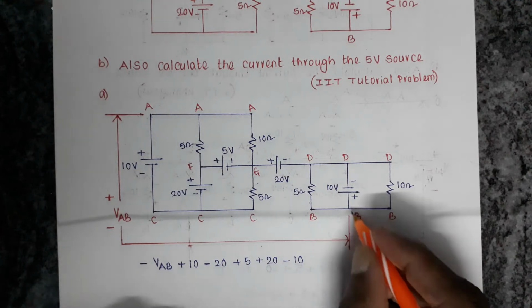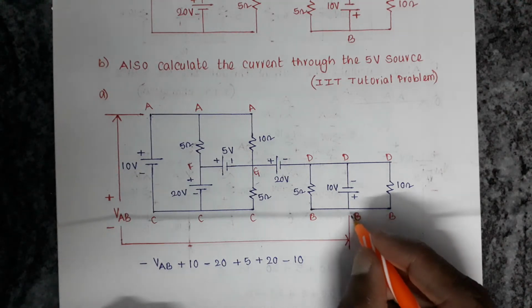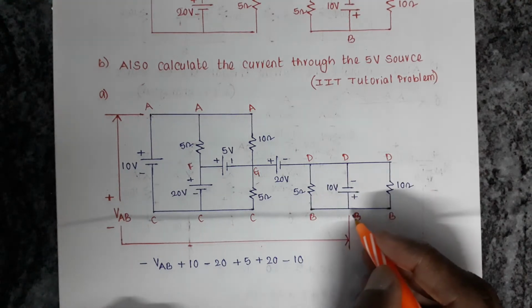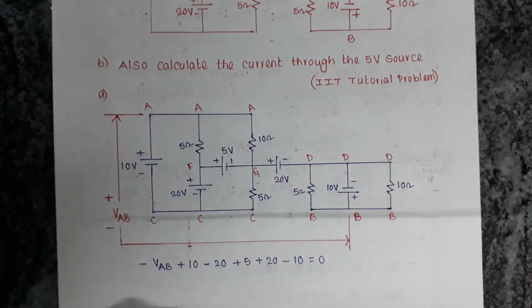So I came back to the point where I started. I started at node B, and again I reached the same node B. Now the algebraic sum is 0.